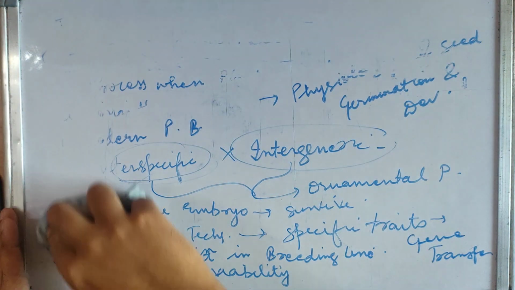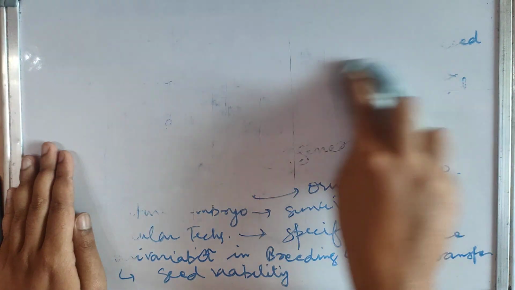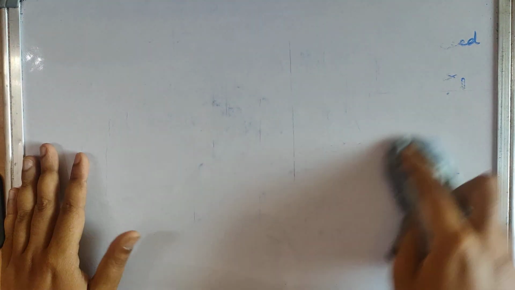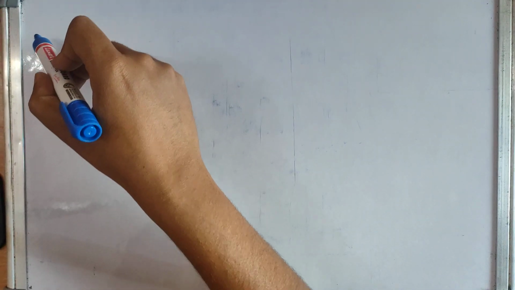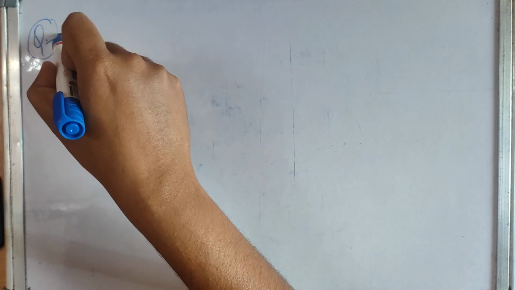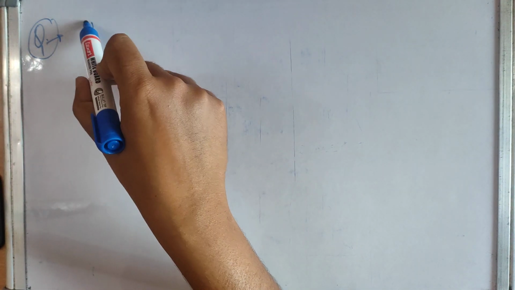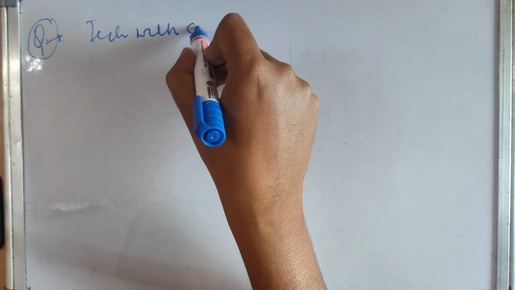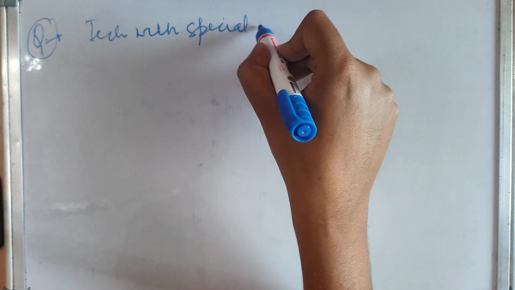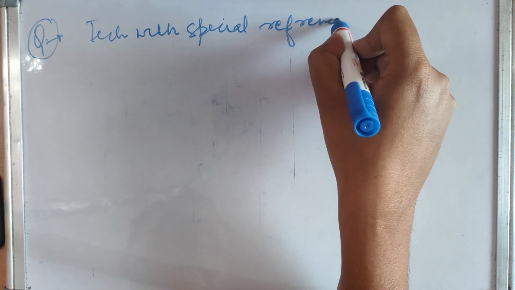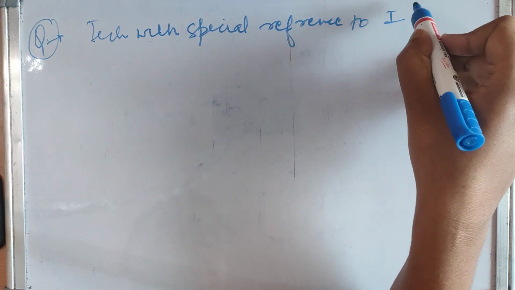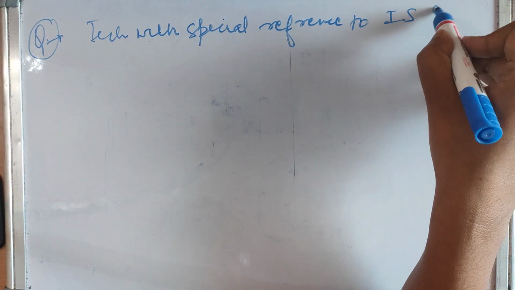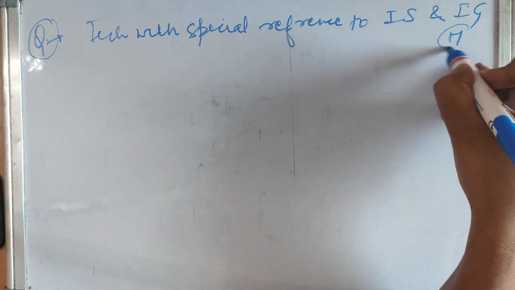Now moving on to the next topic, and this question has been asked in previous years, so it becomes important, that is techniques with special reference to interspecific and intergeneric hybridizations.